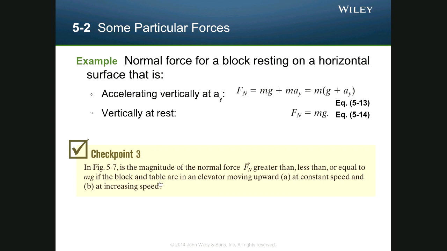We want to imagine this figure is in an elevator. So we just kind of did this, right? I'll do part A. If we look at this equation, we have Fn here, and if we're moving at constant speed, a will be equal to 0, and Fn will be equal to mg.